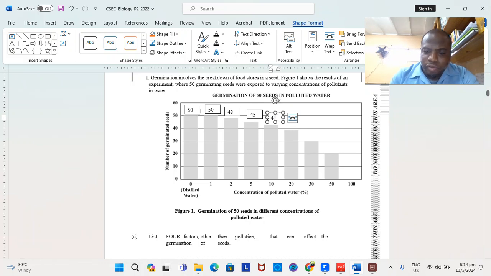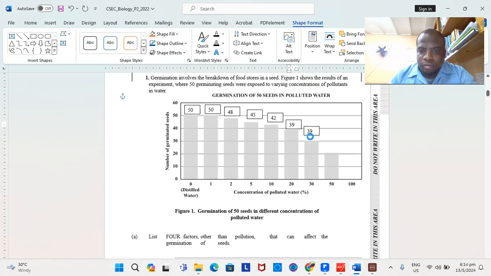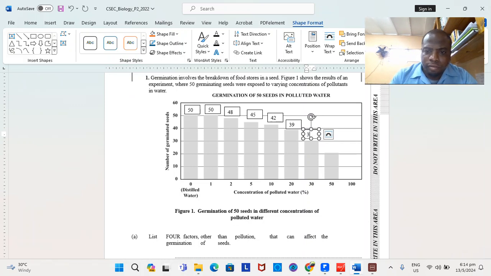Maybe 42, 43. About 39. Definitely 30. This is looking like about 21.